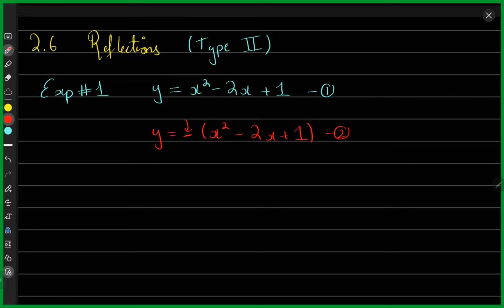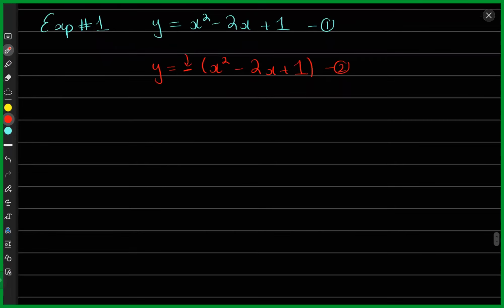Let's see what this would do on graph. Okay, that is what we need to understand. All right, so let me quickly make the axes. This is x, this is y. For the blue one, the graph is going to be something of this type.